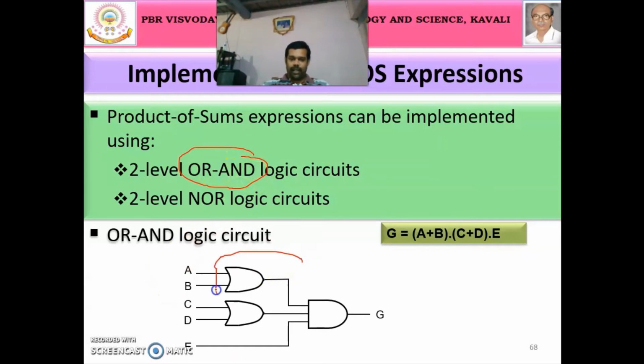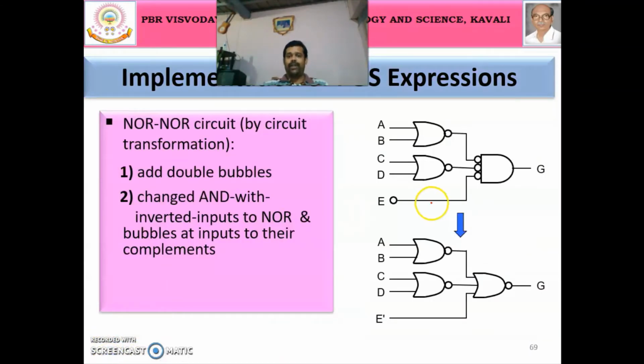Now this is a logical diagram of an OR AND circuit. Here what you have to do is put bubbles to the output of OR gate and put bubbles to the input of AND gate.